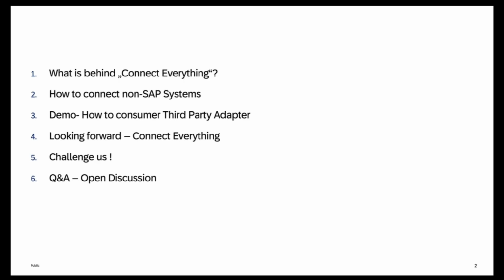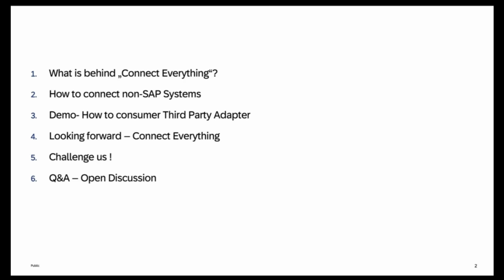We'll then go over to, I think, the most interesting part today, where we will look into the system together to see, for example, how we can work with a third-party adapter, but also looking at how we can navigate the API Business Accelerator Hub to find specific content and to make it a little bit easier, because there is quite a bit of content, and being able to find the right thing is sometimes more difficult than being able to find anything.